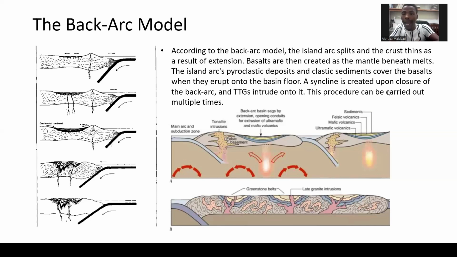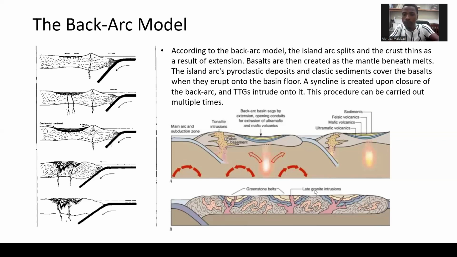A syncline is created upon closure of the back arc, and TTGs would later intrude onto it. This procedure can be carried out multiple times, which is why we have these greenstone belts here. These greenstone belts have these syncline structures, and they were intruded upon at a later stage by the granite intrusions.